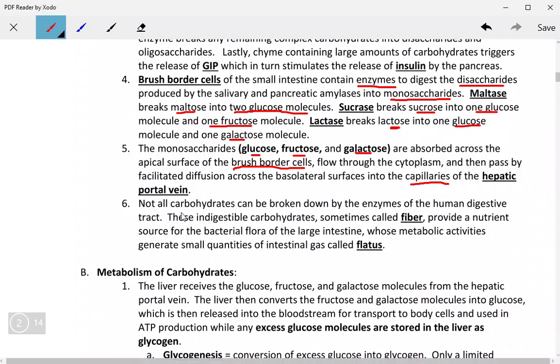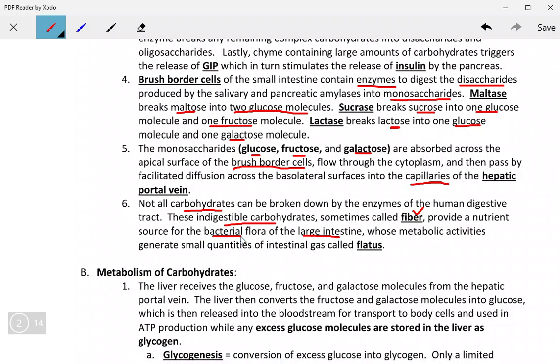Okay, now keep in mind, sometimes all of the carbohydrates in your diet are not broken down because sometimes we lack certain enzymes. So carbohydrates that are not digested are called fiber. That's what we call fiber. And this is what will move down into your large intestine, and that will get broken down by the bacteria in your large intestine. Are you following?